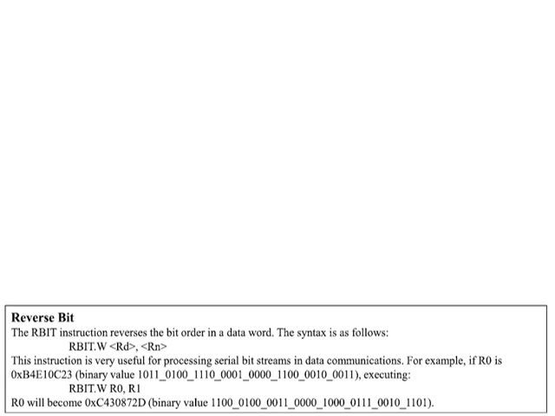Another set of instructions is the reverse bit instruction. It is very simple.